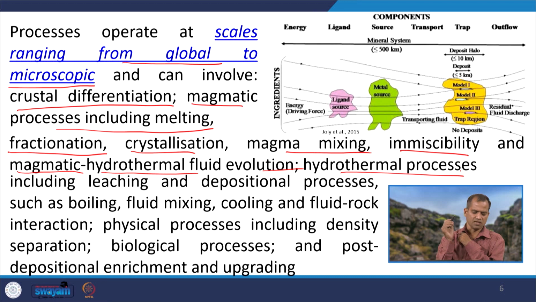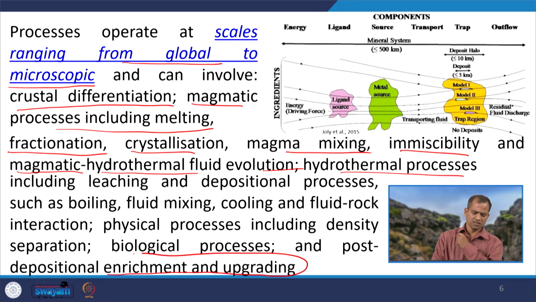Hydrothermal processes include leaching and depositional processes such as boiling, fluid mixing, then cooling and fluid rock interaction. Physical processes include density separation, biological processes, and post depositional enrichment and upgrading.